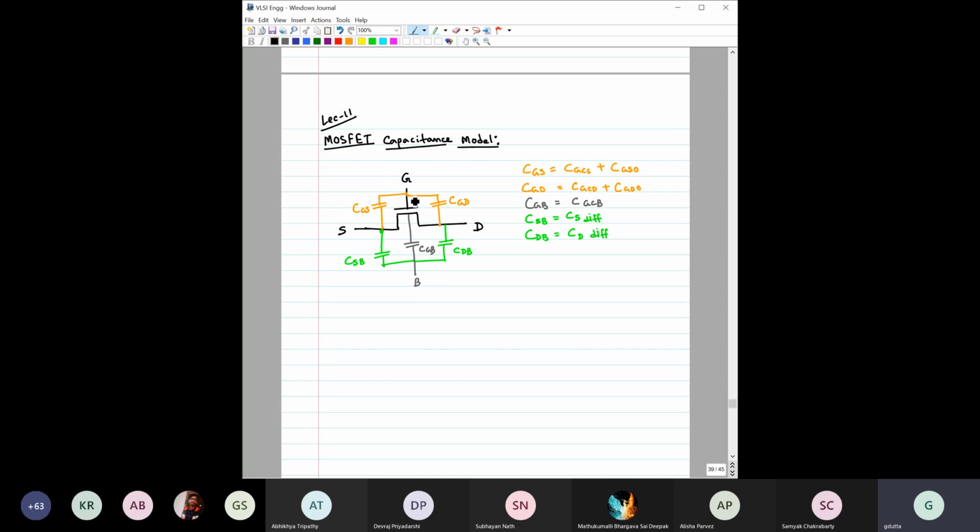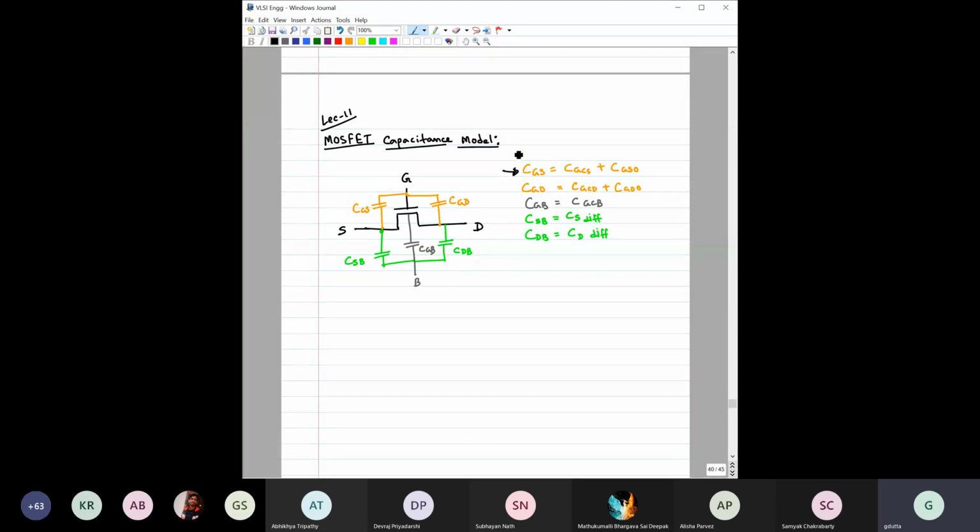So obviously there will be one capacitance between gate and source, one between gate and drain, and gate to body. At the same time, there will be capacitance between source and body, and drain to body as well. So if you have to see what the total capacitances are and what the components of these capacitances are, then we have to look at this.